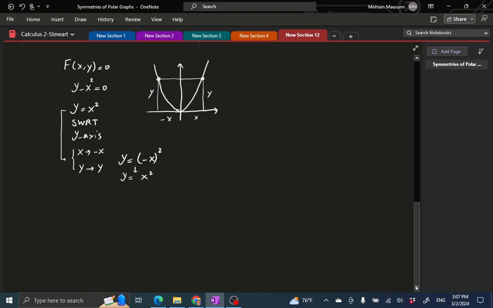If you had your function being x minus y squared equal to 0, or you might be familiar with x equals y squared, what is that? That's the graph of a parabola that opens toward the right.